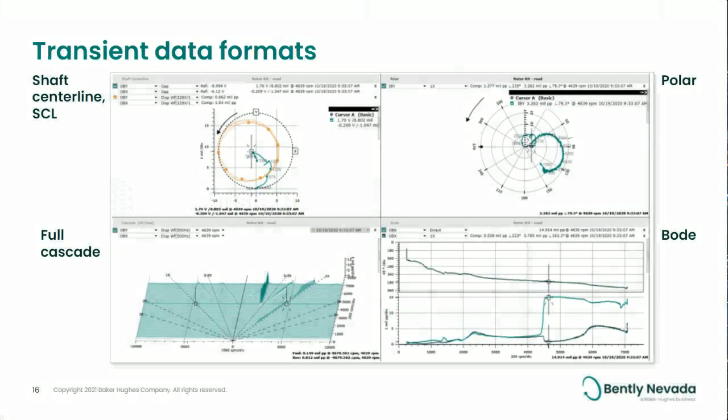Well, here are the 4 basic transient data plot formats. My favorites are the polar, which is in the upper right corner, the Bode plot in the lower right corner, and the full cascade plot in the lower left corner.